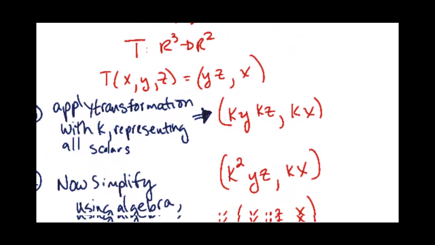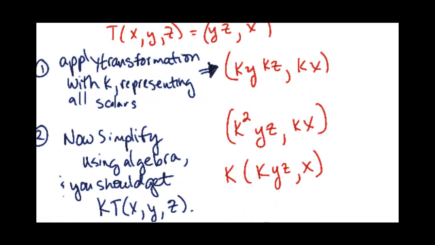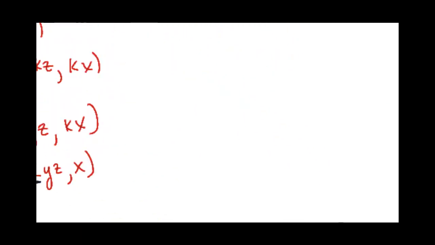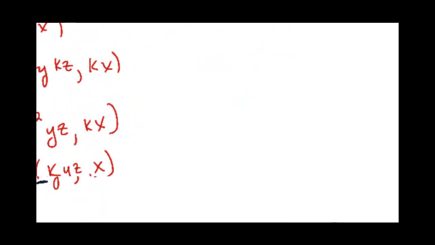Then when you simplify that, you get k squared yz, comma, kx. You should notice right away that that k squared right there looks strange, right?